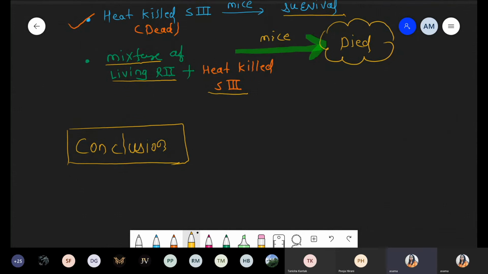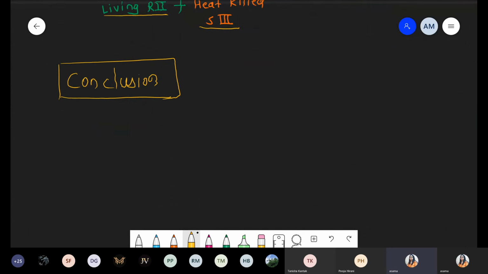Okay, chalo. So we are talking about the conclusion of that Griffith experiment. Simply we take the result, that is heat killed S3 strain, which is completely dead. That heat killed S3 strain has some chemical. कुछ तो है उसके पास.